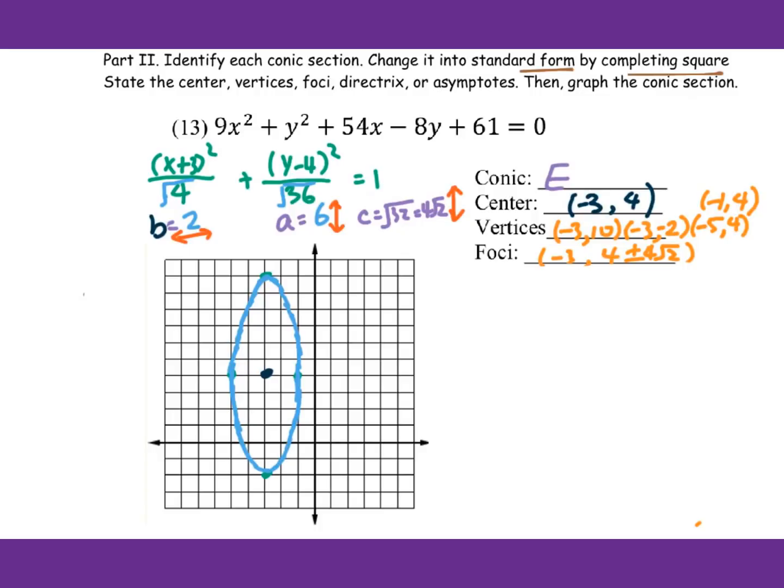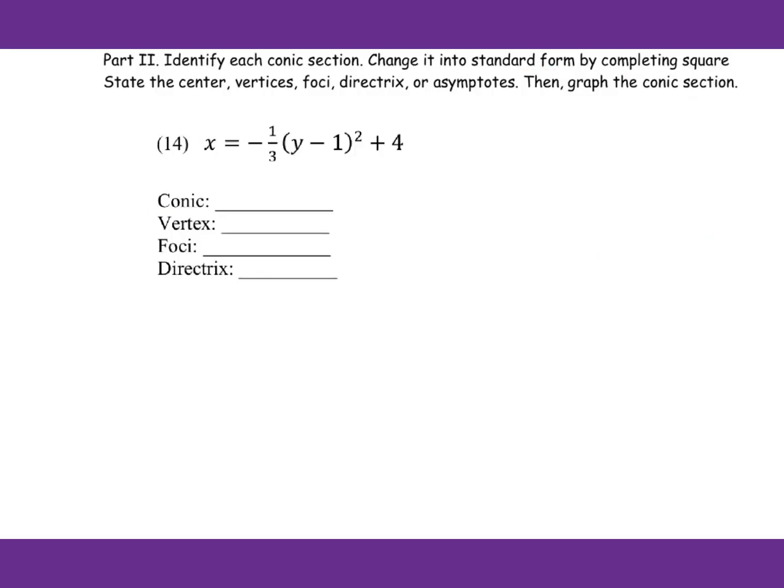Let's label foci. Square root of 32, that's less than 6, but greater than 5. Therefore, it's over here. Focus. That's all for 13. Now let's go to 14.